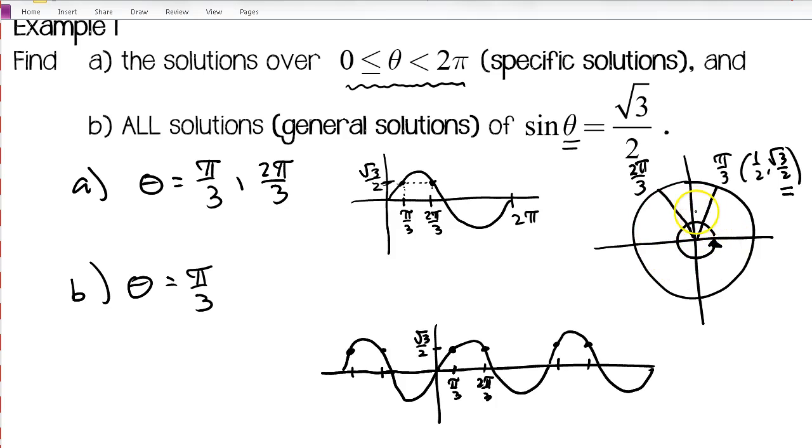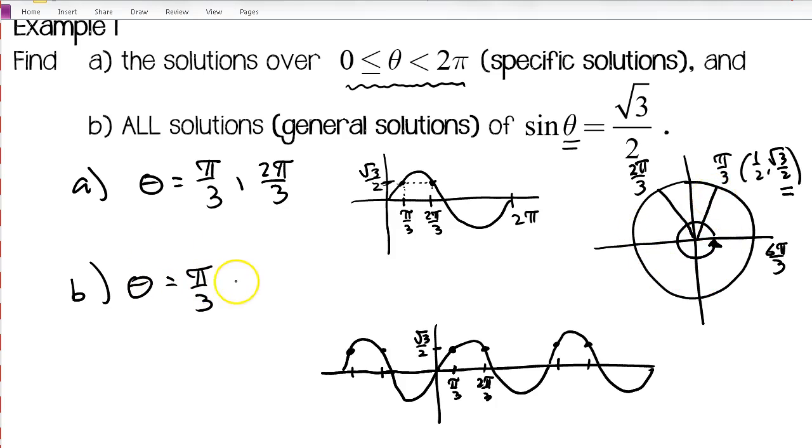We know that 2 pi is 6 pi over 3, so that would give me another solution at 7 pi over 3. And then if I went around again, that would give me another solution at 13 pi over 3. One more time would give me 19 pi over 3.